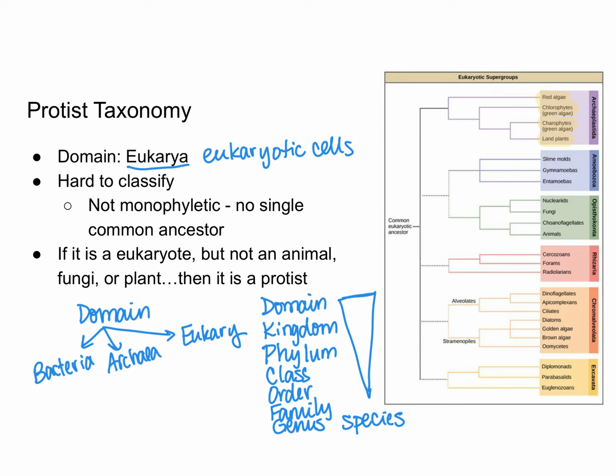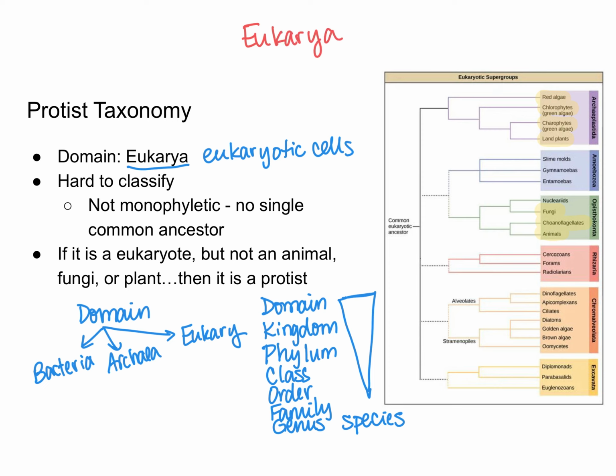Down here we have the choanoflagellates, which is a protist, that are lumped together classification-wise with fungi and animals. So protists are really interesting when it comes to classification, and the classification schemes change as we learn more about them.